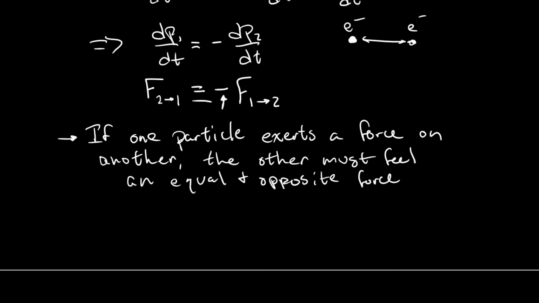So a quick example of this is you're standing on the ground, or you might be sitting in a chair right now, whatever it may be. The force of gravity is pulling you down with some mg, but you're not accelerating, which means you're standing on the floor, which means you're pushing into the ground with that same force. But that means that the ground has to be pushing back on you with the same force, mg, just in the opposite direction. It's an equal and opposite force.